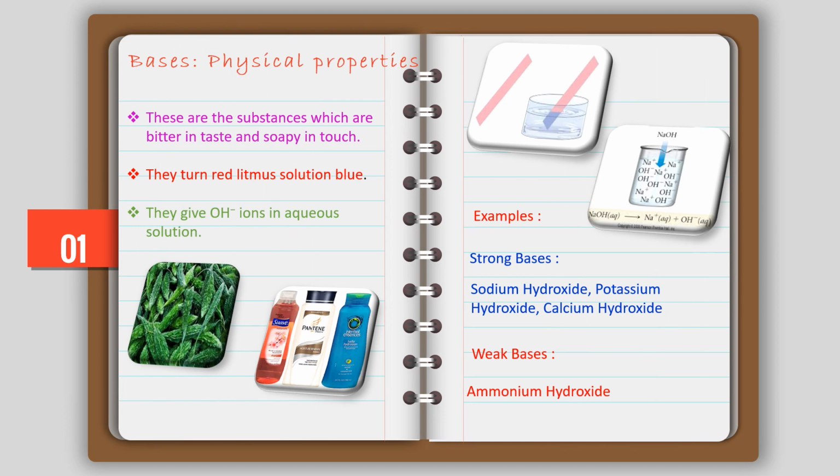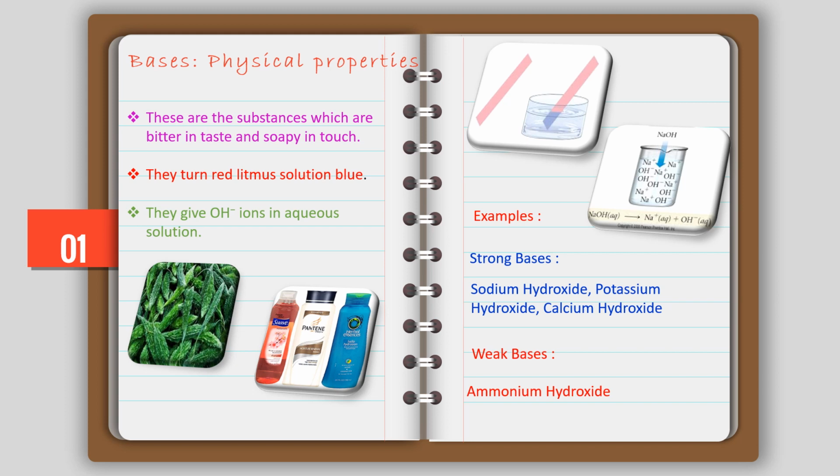We will study the physical properties of bases now. As you can see, the first picture on my left is called karela in Gujarati. When we eat raw karela, it tastes bitter.